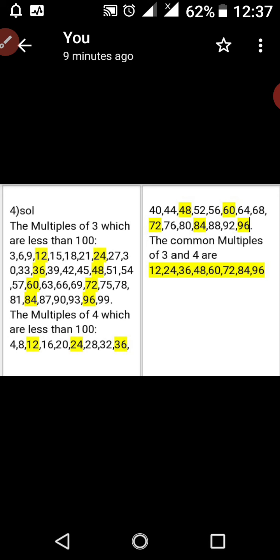The fifth question we already completed. Now move to the sixth question. A number is divisible by both 5 and 12. By which other number will that number always be divisible? It's very simple. First of all, write the multiples of 5 and then the multiples of 12.